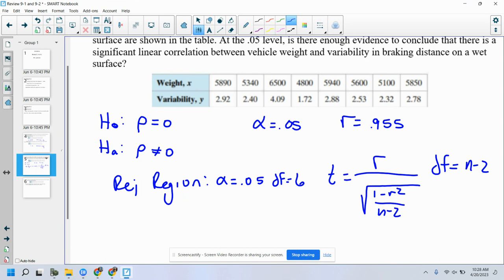So this is a two-tailed test at 0.05, which is 2.447.